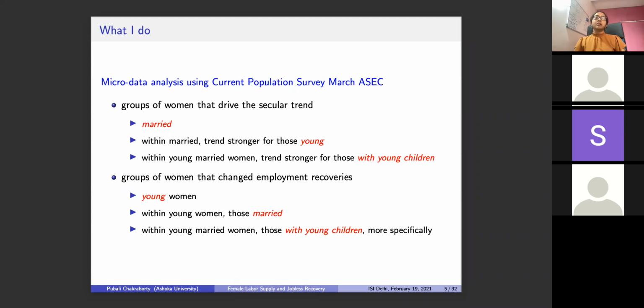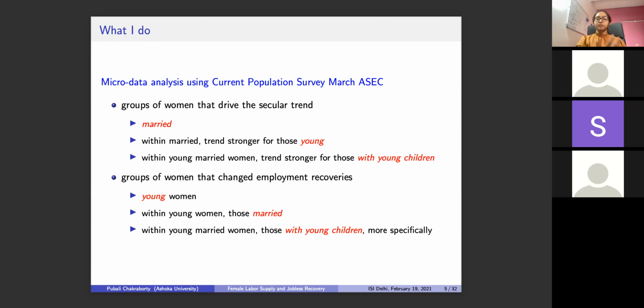And I look at which groups of women drive the secular trend and which groups of women have changed their employment recoveries. So what I find is that for both of these, it's actually not all women, but particularly married women who were young and had young children at home, who were not only driving this steep trend prior to 1990 and are not doing so now, but were also showing brisk employment recoveries prior to 1990 and are not doing so now.